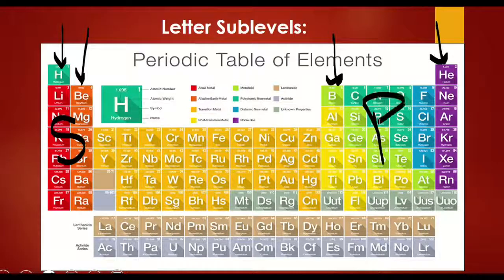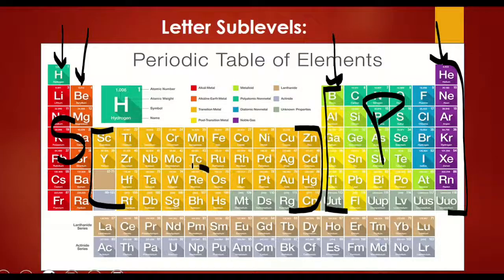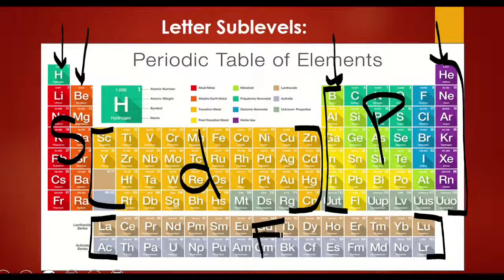That is all P in here. Then we have, by the transition metals, this level is called D. And down here by the inner transition metals, by the lanthanide series and the actinide series, we have sublevel F.